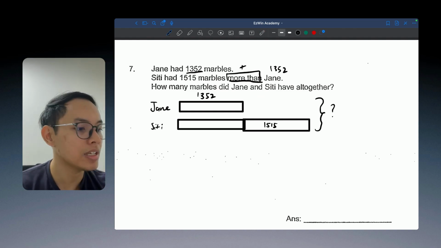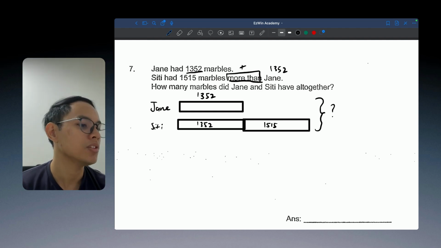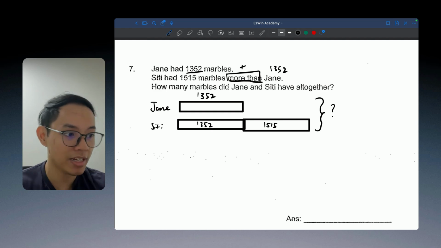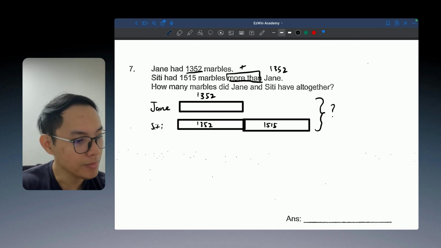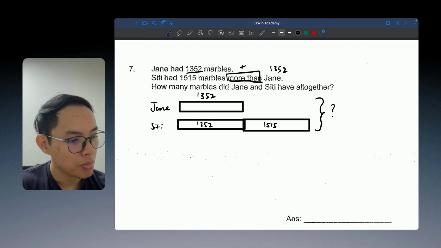Okay, so in this case, that means we have 1, 3, 5, 2 for City as well. Okay, so how do we get all together? So if you were to just add all of that, so you can say Jane is 1, 3, 5, 2, right?